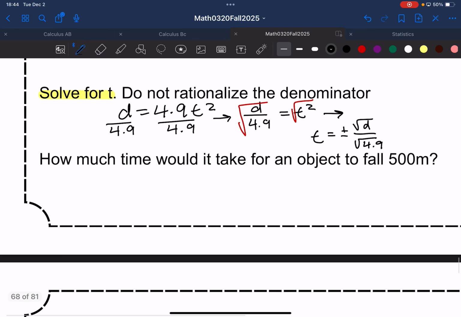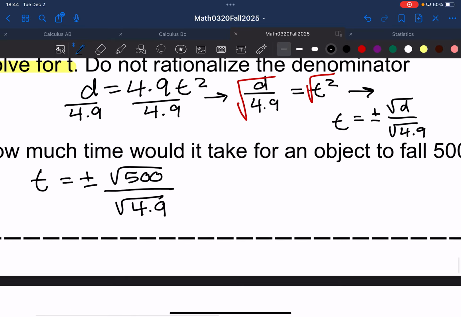It says, how much time would it take for an object to fall 500 meters? So where would we plug in the 500? Into d or t? d, because it's distance. So we have t is equal to plus or minus the square root of 500 over the square root of 4.9. So this is where we would go to our calculator and we would round to 2 decimal places.